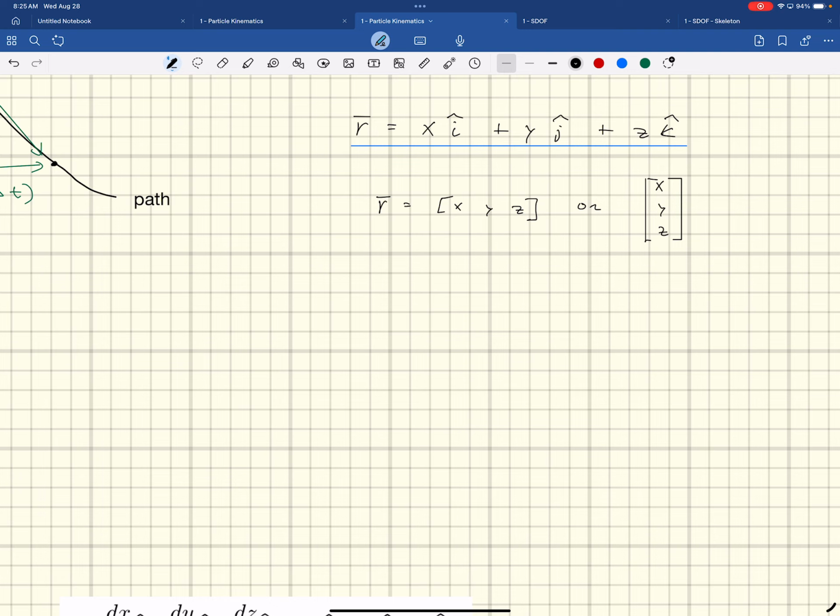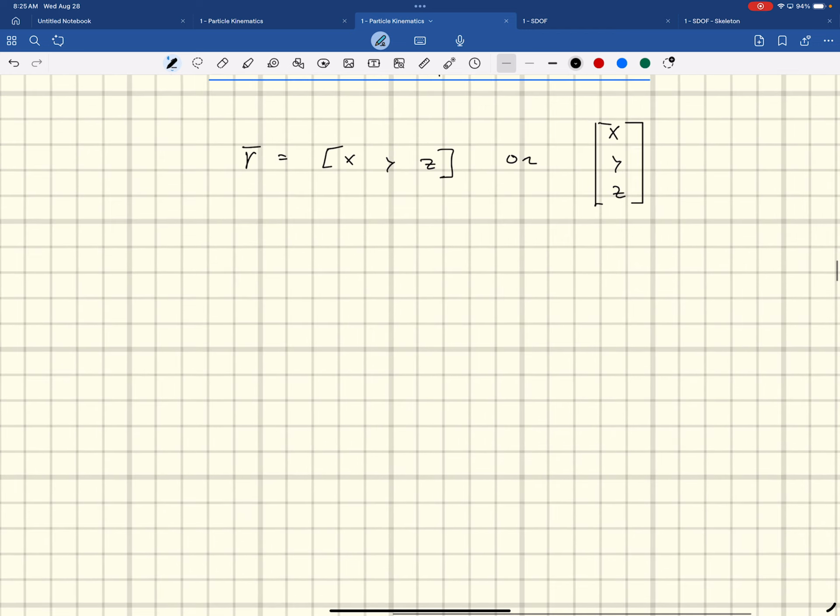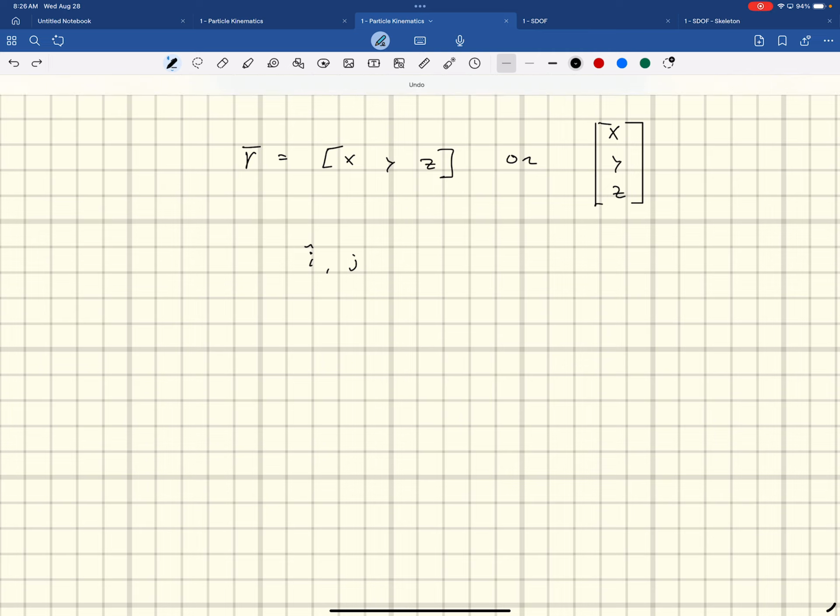You've seen those before. We'll kind of use them interchangeably, but a lot of times during derivations, it's nice to do the i's, j's, and k's. Little hat on there. i hat, j hat, or caret, sometimes you hear that called, and k hat.